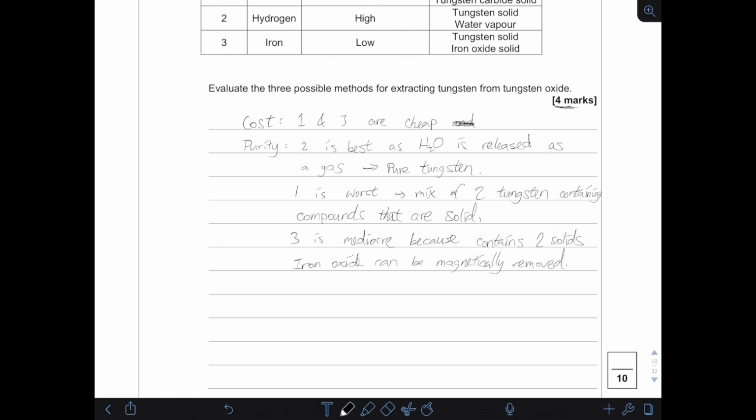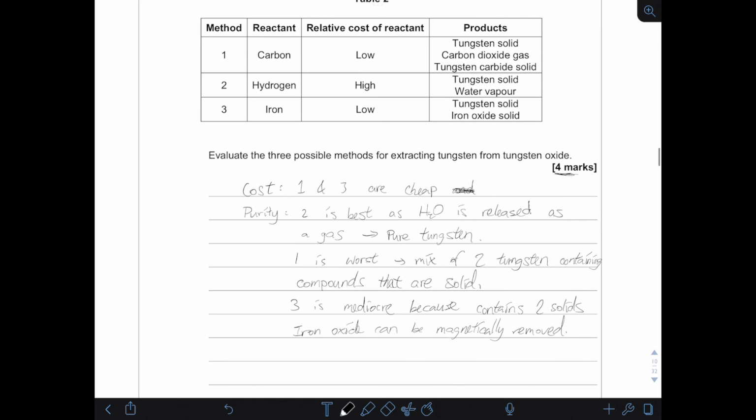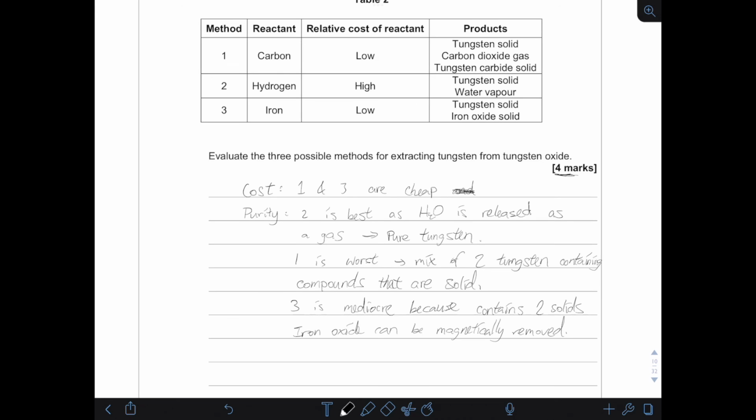They would probably form fine powders after the process, and you can just essentially run a big electromagnet through your powder, and all the iron oxide is going to get removed from your tungsten, and you'll end up with some tungsten powder. So that's mostly what you need to be able to talk about.